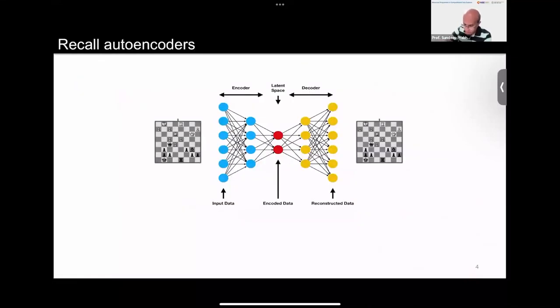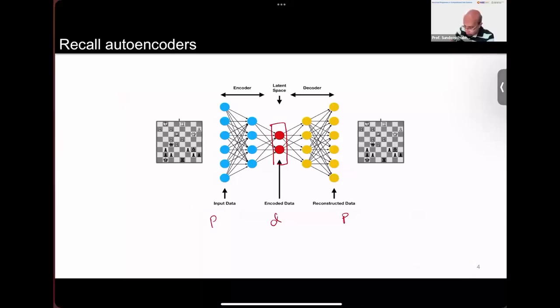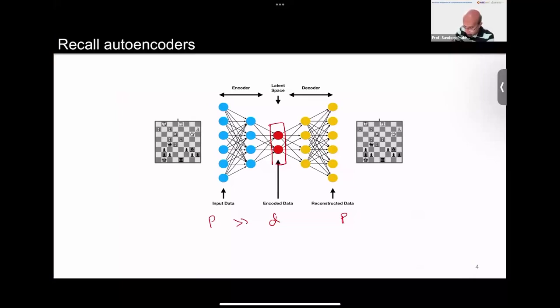What is important again is to remember that there is a bottleneck layer, right? So there's a bottleneck layer, which means that I go from P to D and back to P. So P is much greater than D, which means that D is much less than P, right? So that basically gives us these undercomplete architectures.